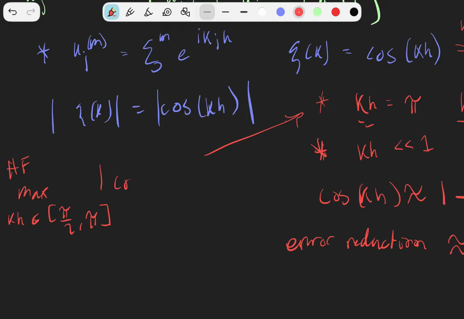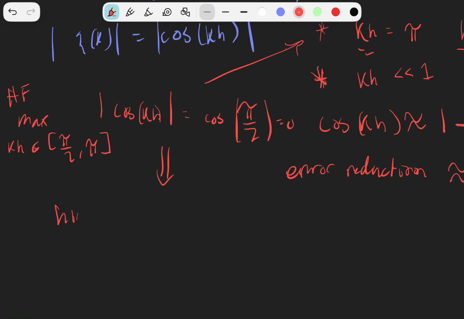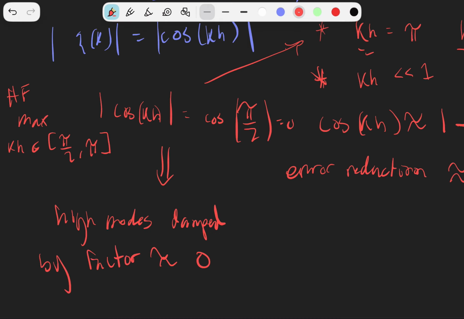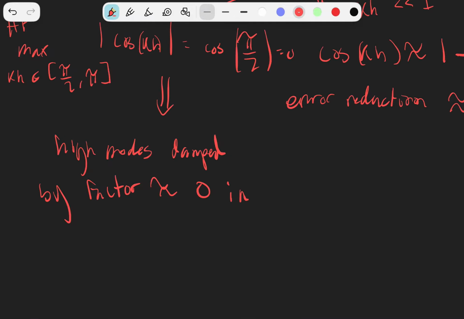We want the maximum argument, and of course that gives us the cosine of pi over 2, which is 0. So again, this implies that high modes are damped by factor 0 in like 1 to 2 steps, right?